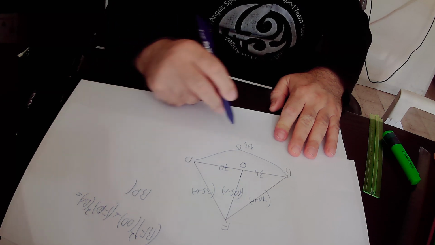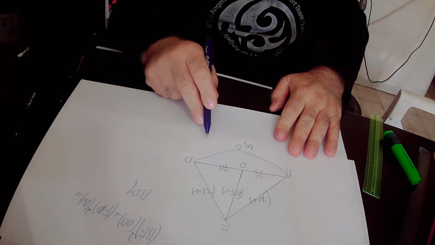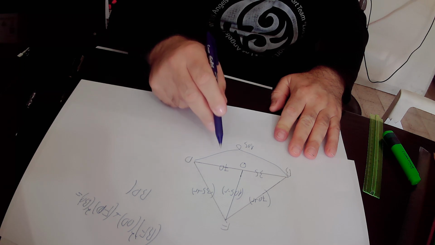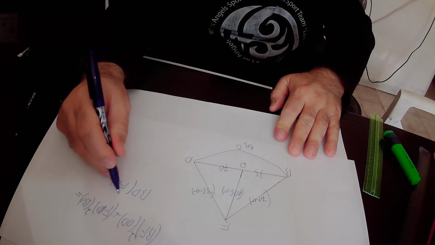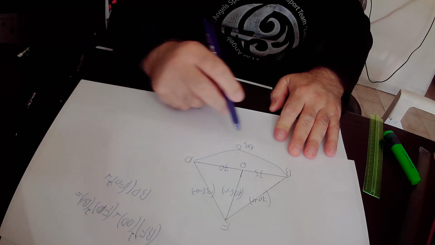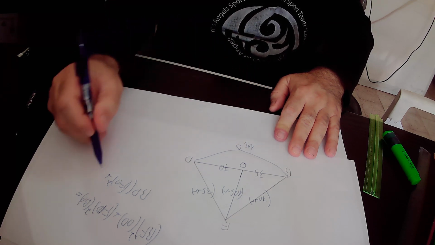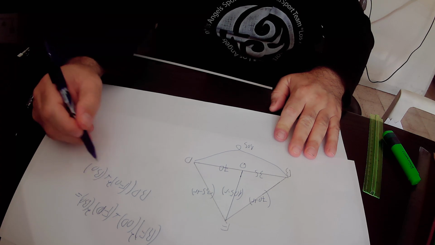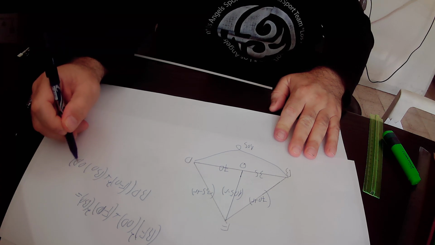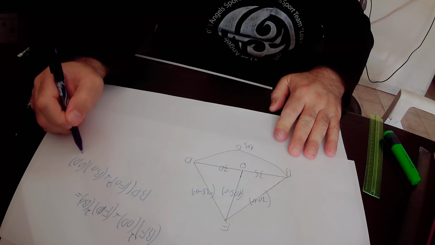You open the brackets here, it is BD. Inside the brackets we will have FO squared plus BO times OD. All inside the brackets.